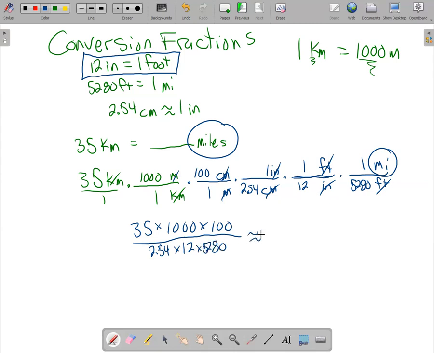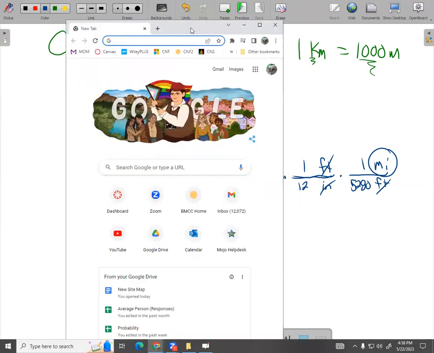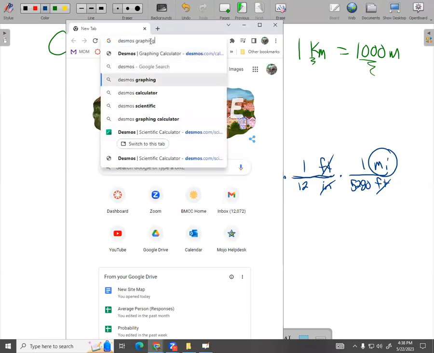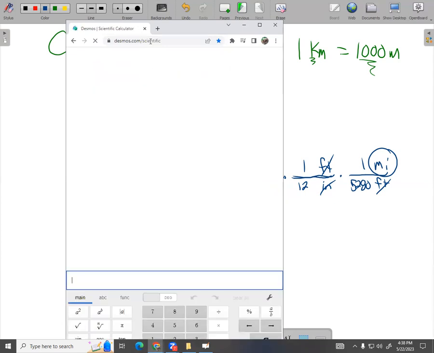Let's see what we get on the calculator. Desmos is a nice calculator, Desmos Scientific. All right.